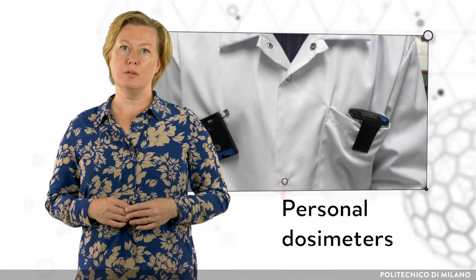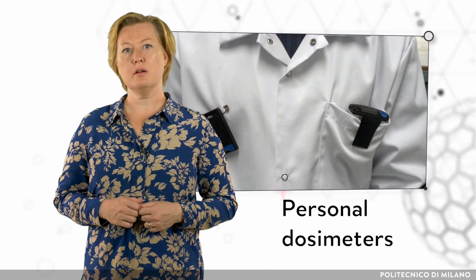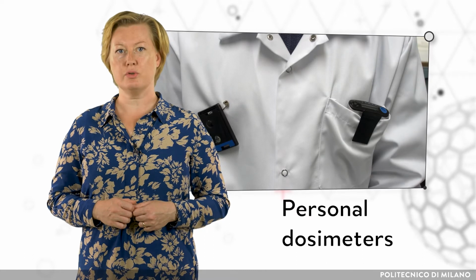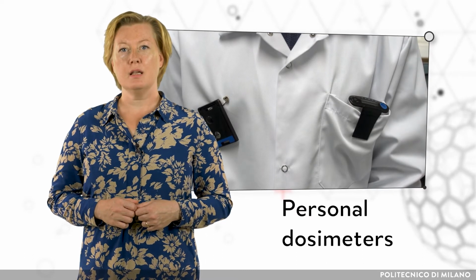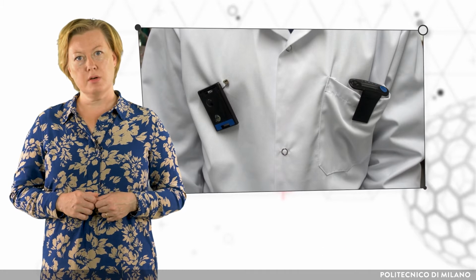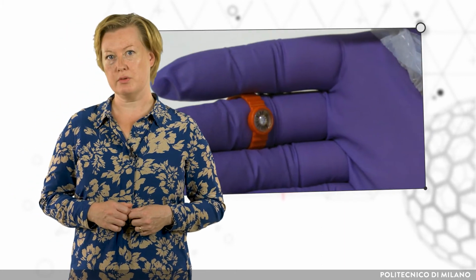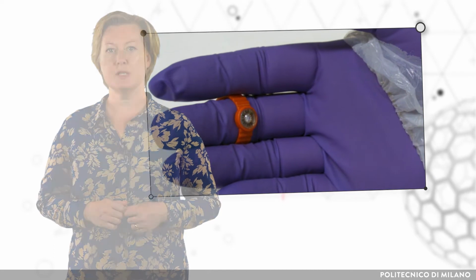All personnel working in nuclear medicine are required to wear a dosimeter. It provides a cumulative estimate of absorbed radiation over a certain period of time. The body dosimeter is worn near the chest and the ring dosimeter under the gloves of the radiochemist.